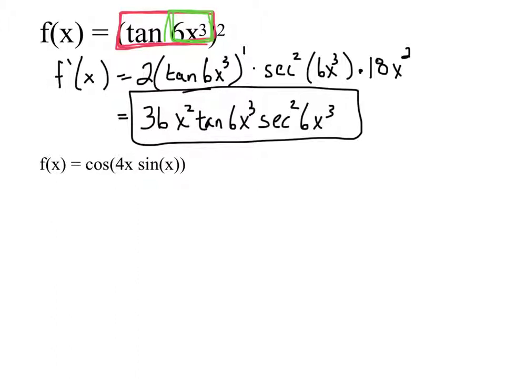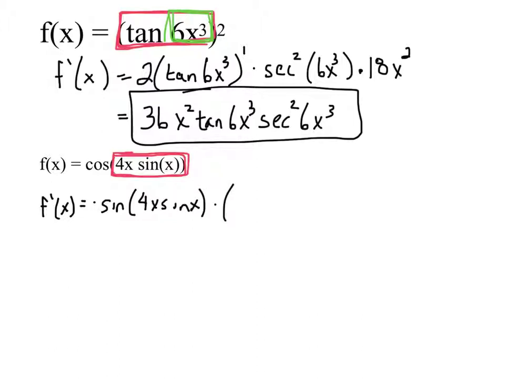Last example, the cosine of 4x times sine x. Well, again, parentheses help us quite a bit. We say, well, okay, this is the inside. So the derivative of the outside is negative sine. You leave the inside alone because it is your variable. And we're going to multiply by the derivative of the inside.